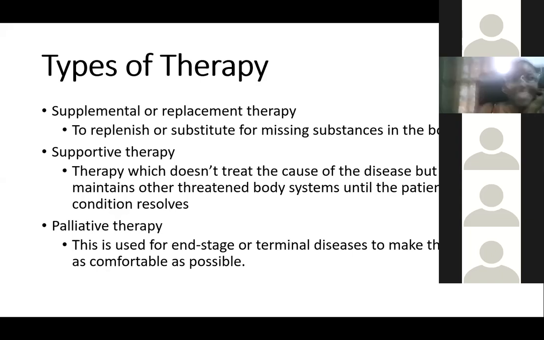Okay, messaging later. So the types of therapy, we have supportive therapy. Supportive therapy is therapy which doesn't treat the disease, but it maintains other threatened body systems until the patient's condition resolves. Let me give an example. A patient with leukemia, cancer of the blood, will present with anemia, decreased white blood cells, and low platelets.